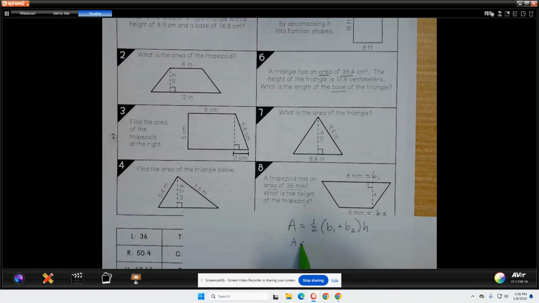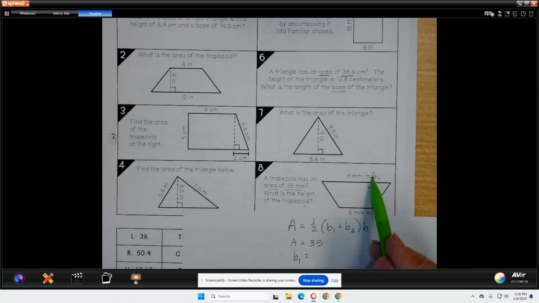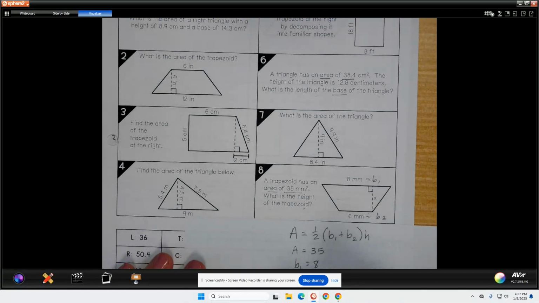Our area is 35. B1, and it doesn't matter, guys, if this one's 1 or if that one's 2, it doesn't matter. B1 is going to be 8. B2 is 6. And we want to find the height.